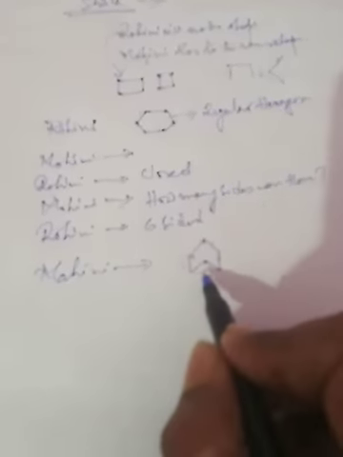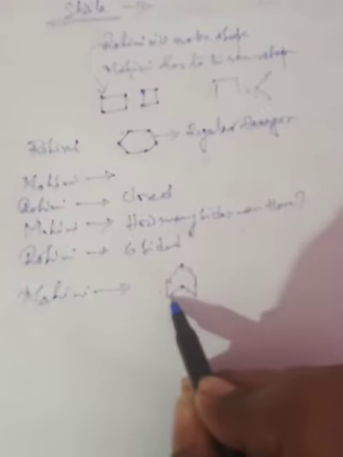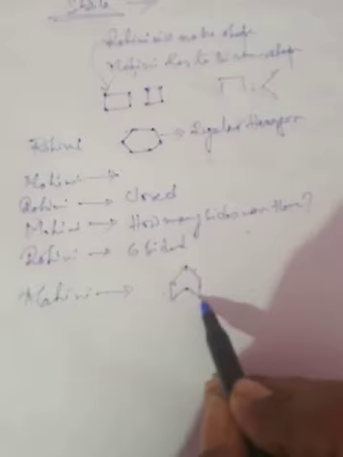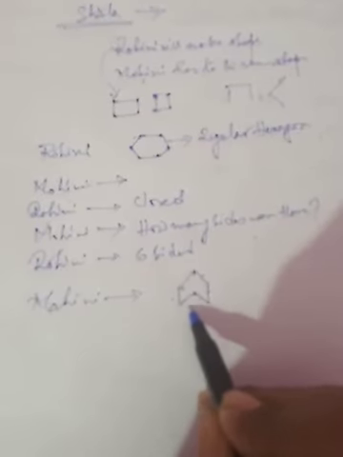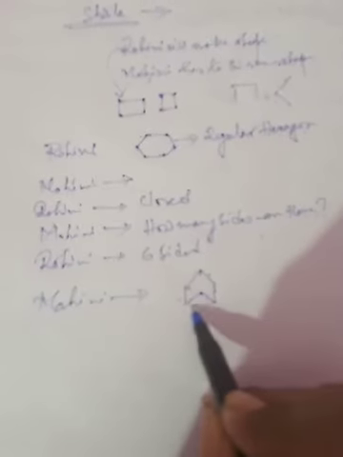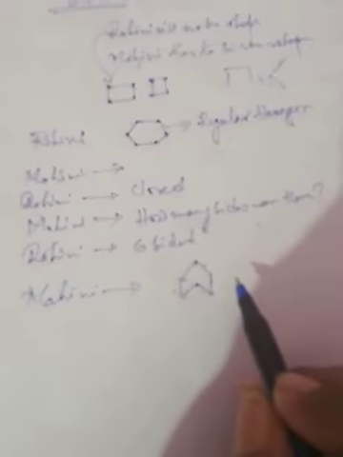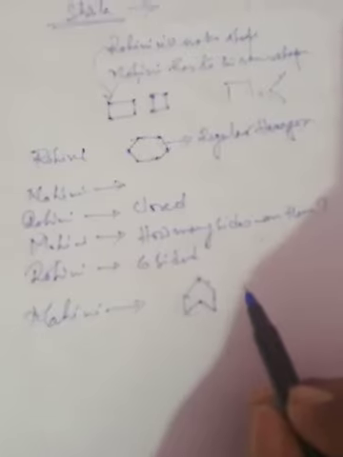We can say that it is not a closed shape because here this line is open. This segment is open, that is why it is not a closed shape.